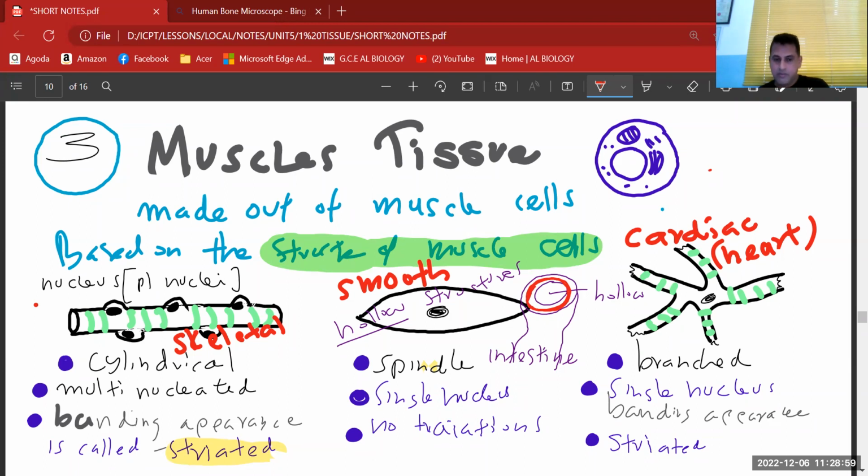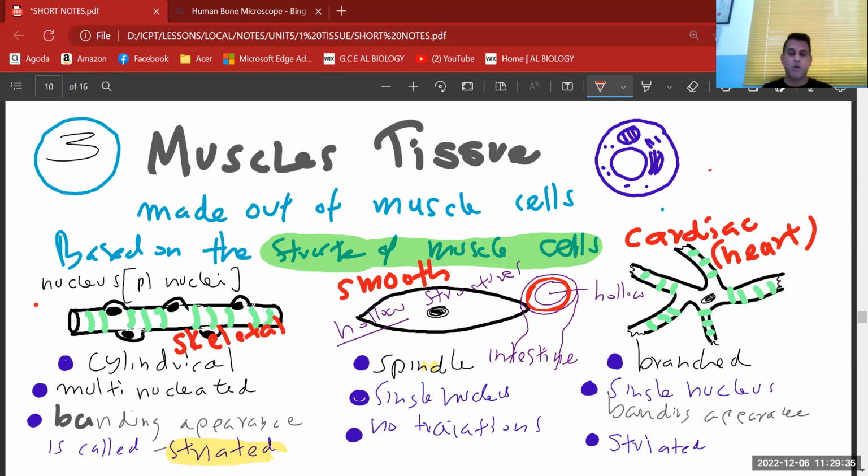Okay, there are a few terms you will find in the detailed notes, but I will not try to teach these words because it is very difficult at this point. But when we are learning the muscles, then I can teach these words. For example, the word you will find is sarcomere. I can say sarcomere, but you don't know what sarcomere is.